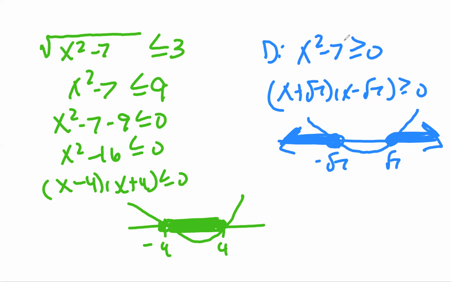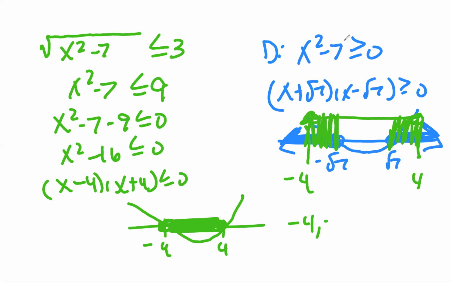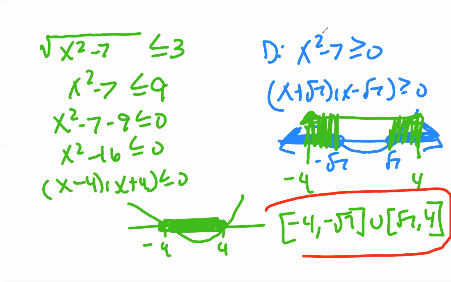So adding that to my number line from before, I know that it goes from -4 to +4, closed on both ends of that, and where they are the same, here and here, is going to be the answer to my problem. So from -4 to -√7, closed at both ends, union √7 to 4. Again, it is all about watching what the domain is on the problems that you have.